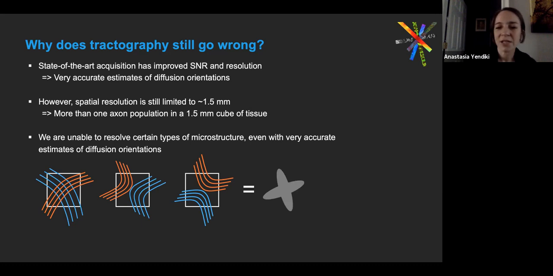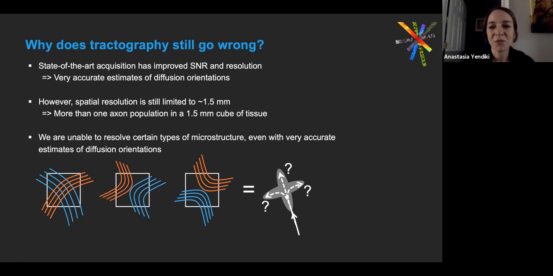And the result is that when a tractography method reaches this voxel, let's say from the bottom edge of the voxel, it will not know which of the peaks of the ODF to follow, because it does not know which of the three configurations on the left is correct. And this is something that would persist even with perfect data quality.